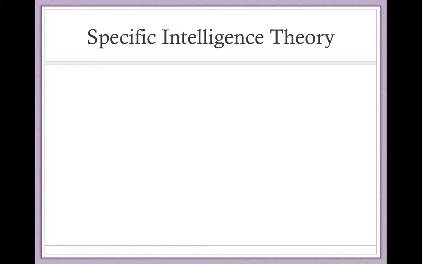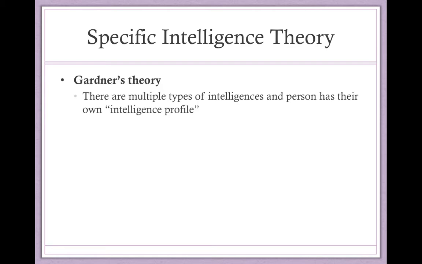So one theory of this is Gardner's theory. He said there are multiple types of intelligences, and a person has their own intelligence profile. So there's several types of intelligence, and you have your own ranking of where you are in each intelligence field.